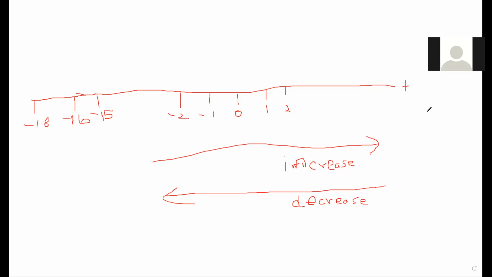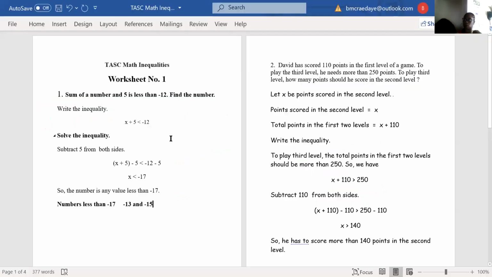Got it? Yeah. Okay, let's go back. So when I said numbers less than minus 17, Maureen, it wouldn't be minus 13.